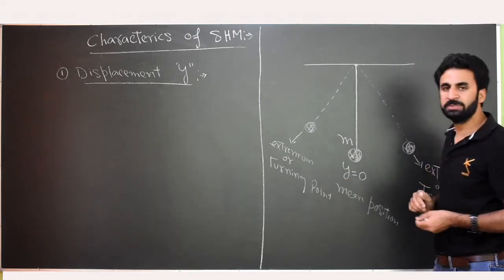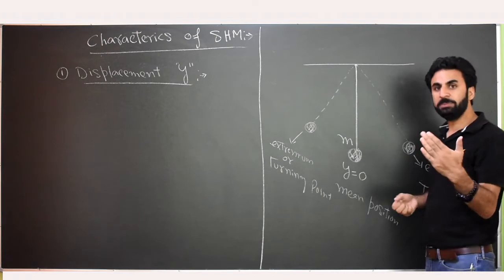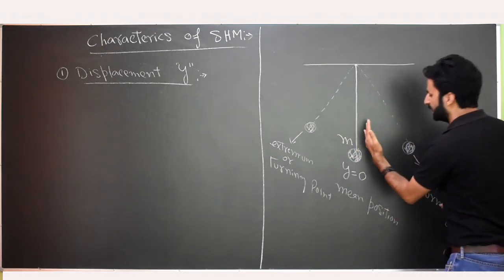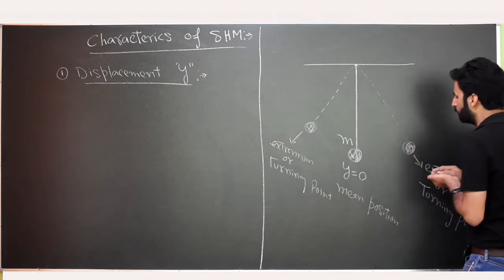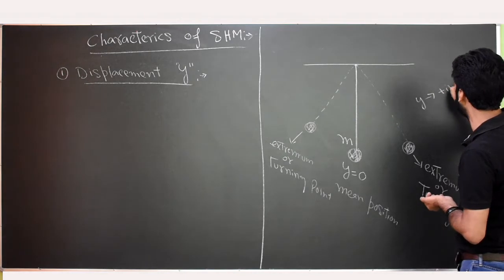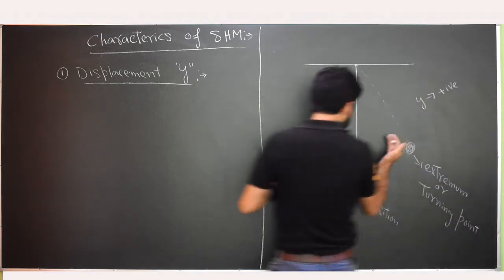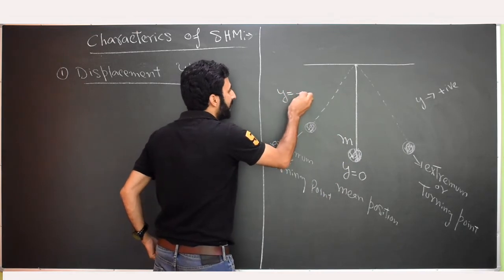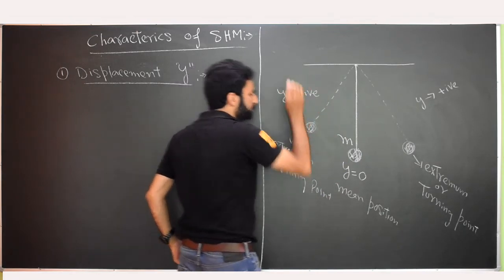This position is known as the mean position. Now, displacement being a vector, the displacement on one side of this mean position, on this side, we will take y as positive, and on the other side of this mean position we will take the displacement of the particle as negative.